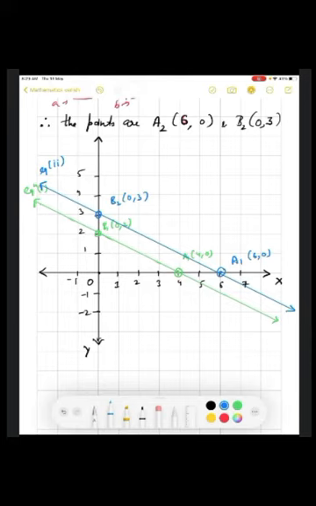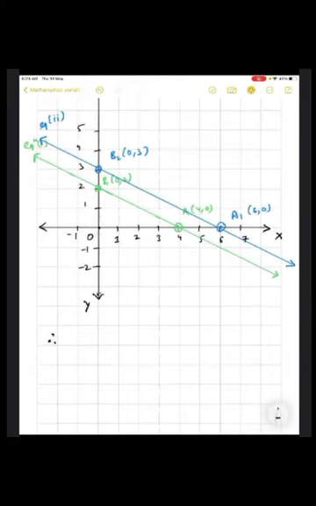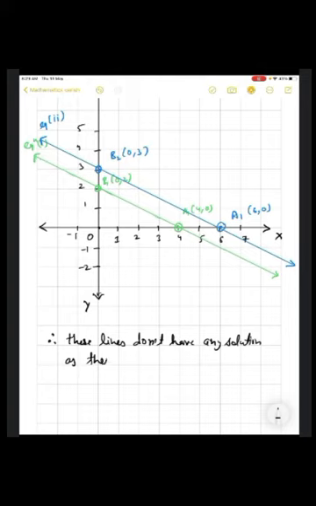Getting my point, everyone? Therefore, these lines don't have any solution as they are not intersecting.